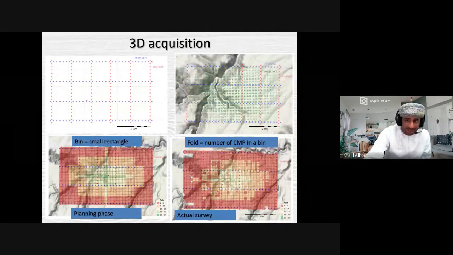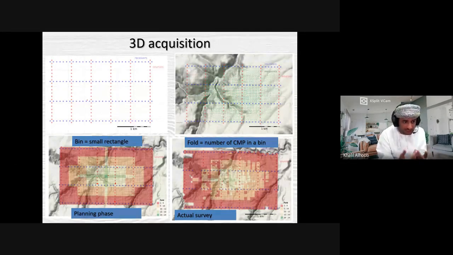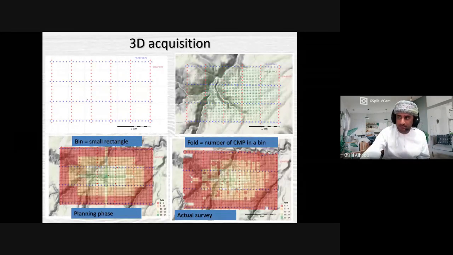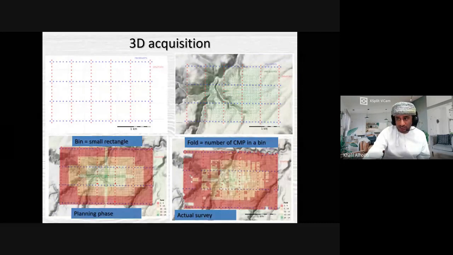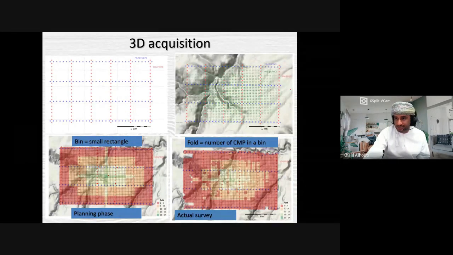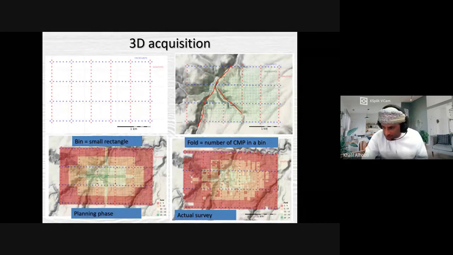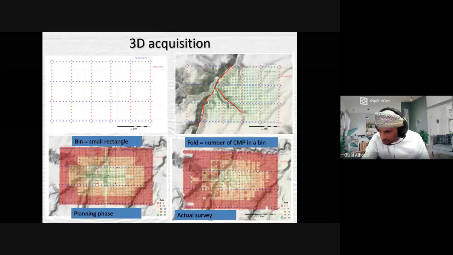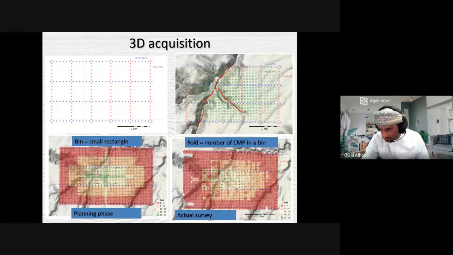This is your reality. This is what you make initially as a plan. But when you go to the site, you cannot deploy it like that because you see there is a wadi. You change it then. If you check here, there is no receiver here, no blue dots, because that was in the wadi.